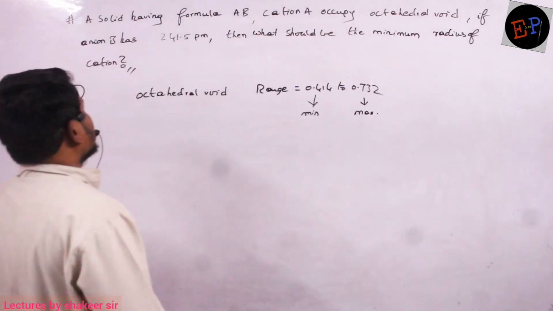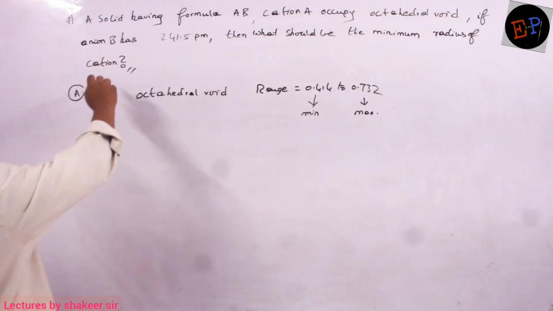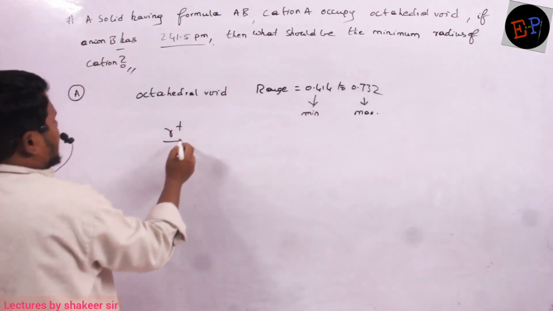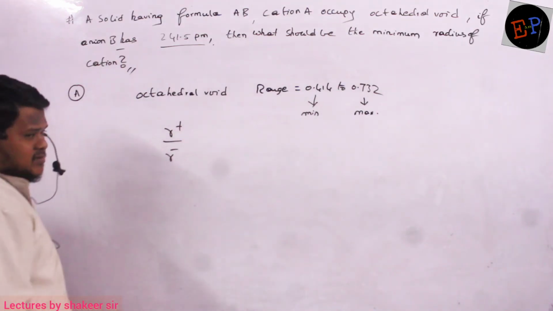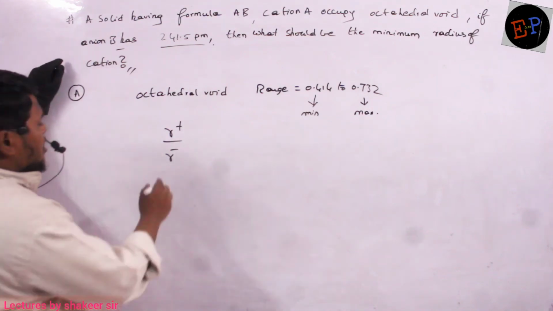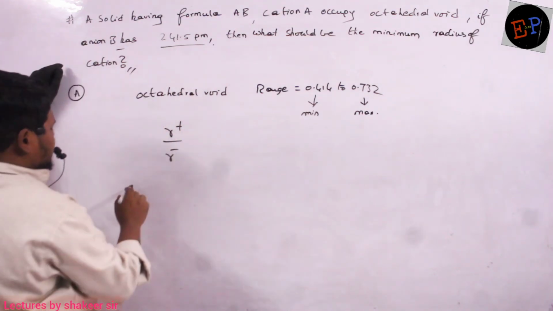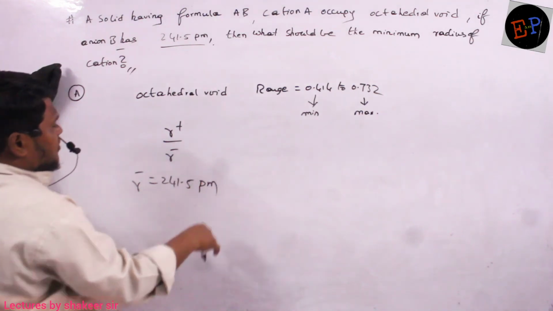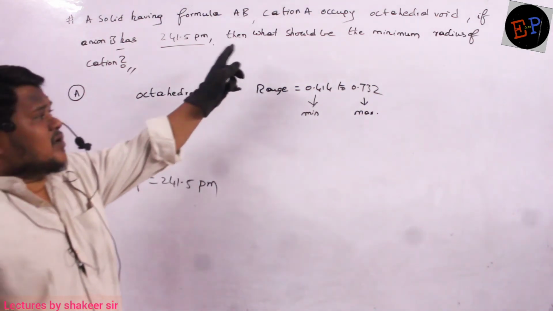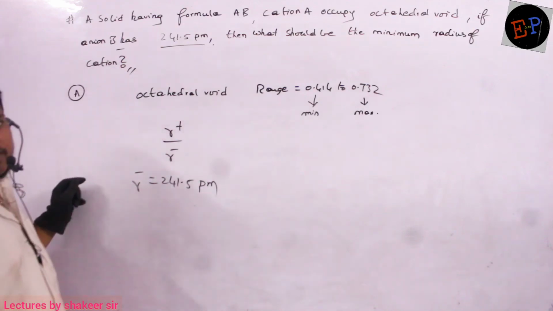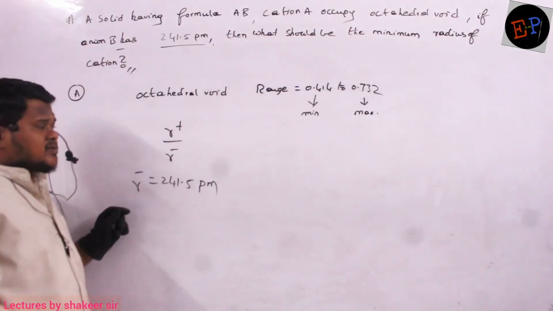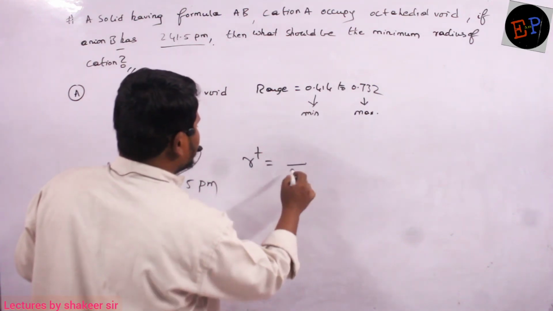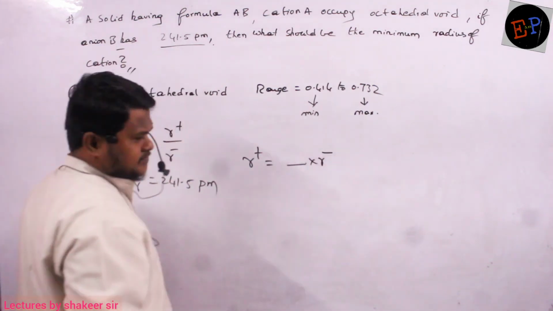Now see. What is this ratio? This ratio is nothing but R plus divided by R minus. R minus value is given as 241.5 picometers. Then what should be the minimum radius of cation? That's the question. I want the minimum radius. So I can write the relation R plus equals some value multiplied by R minus.